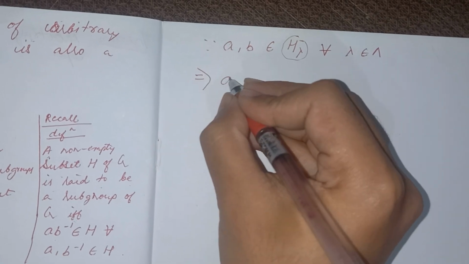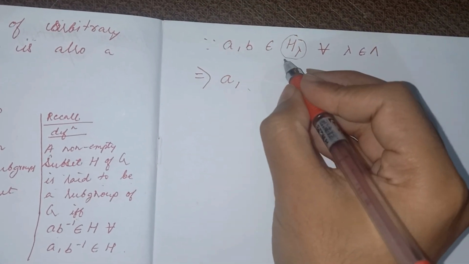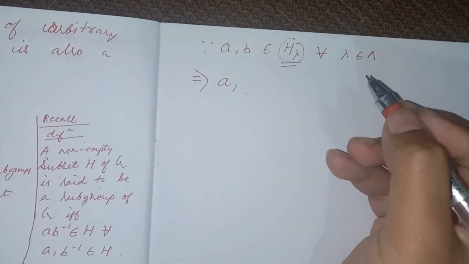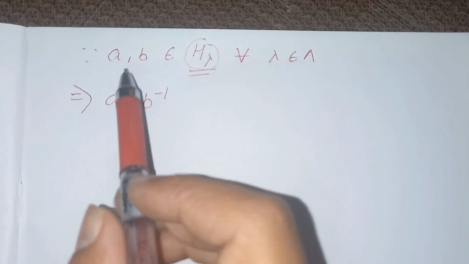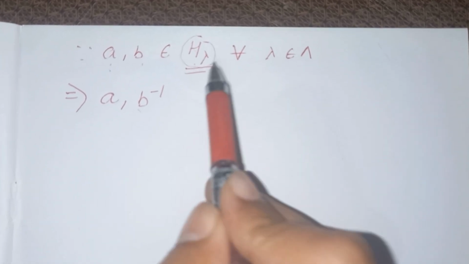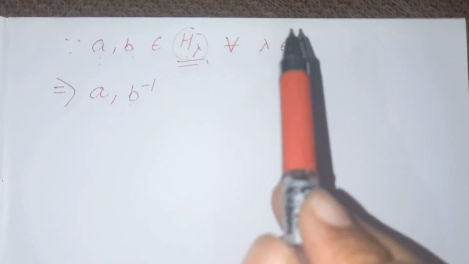So since H lambda is a subgroup, it is also a group. So since A and B belong to H lambda, then we will again recall the definition, which is, since we have already proven this part, so we will have to prove this part.